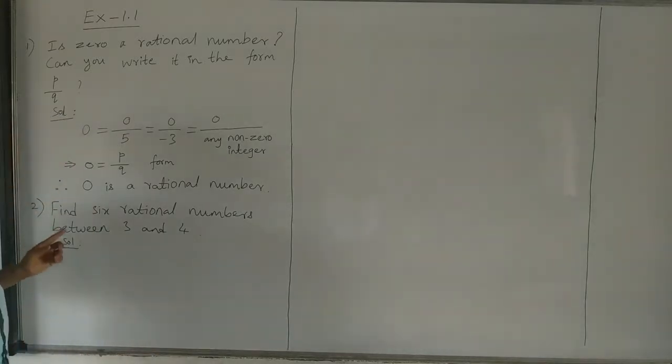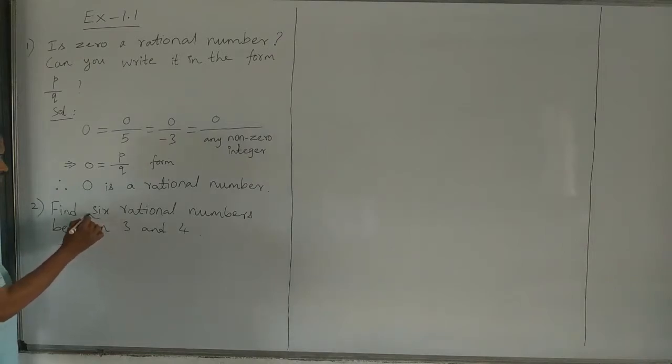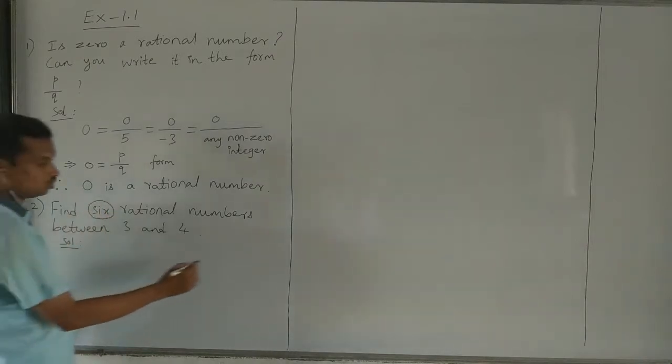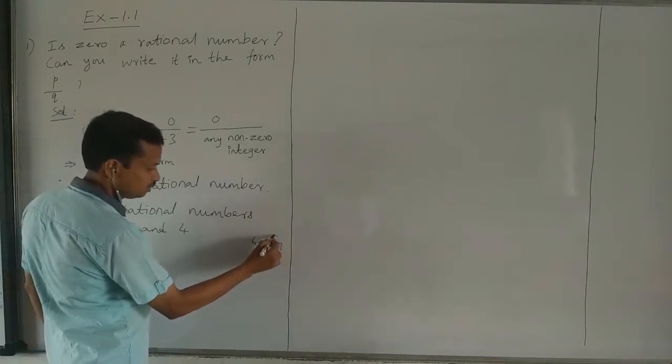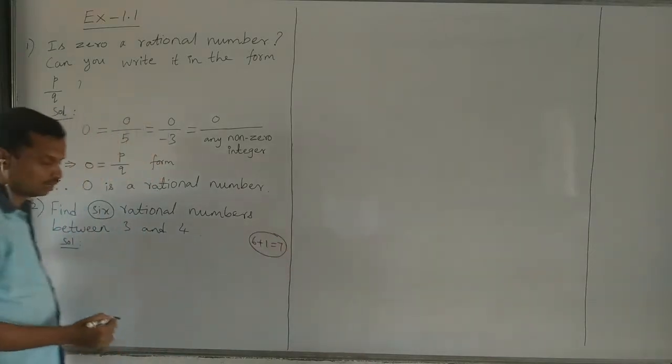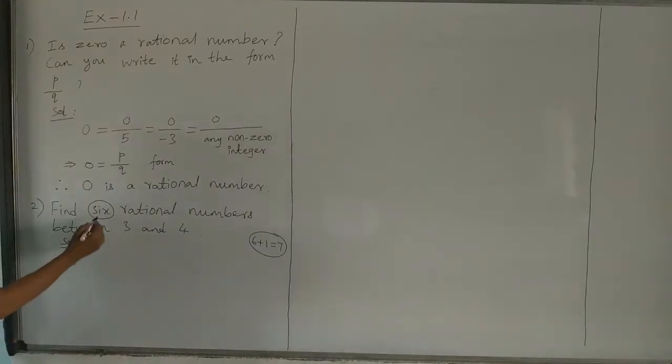Now coming to question number 2. Find 6 rational numbers between 3 and 4. So how many are they asking? 6 rational numbers. So you take 6 plus 1, which is 7. And now in the solution, the first number is 3.